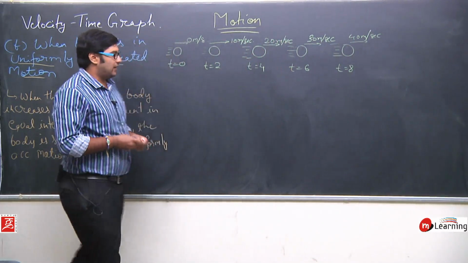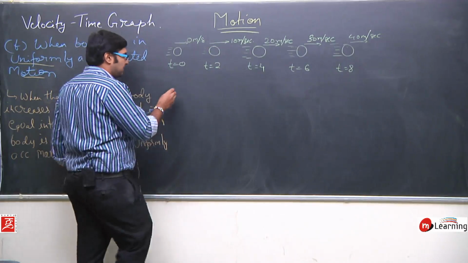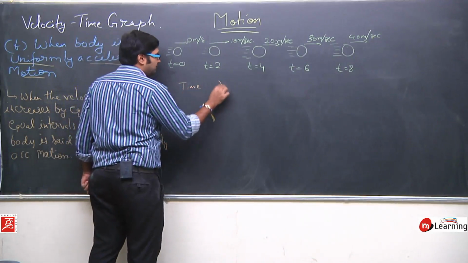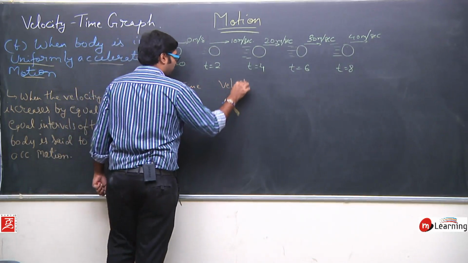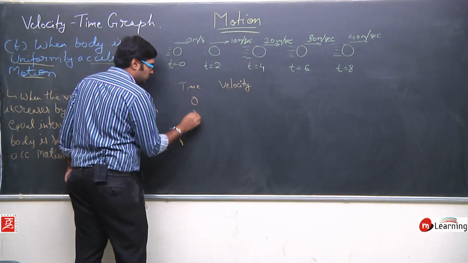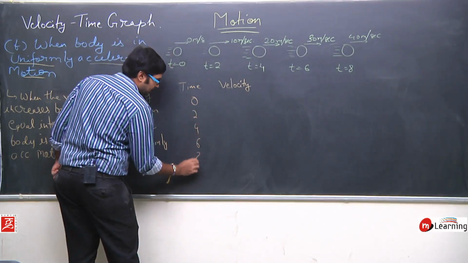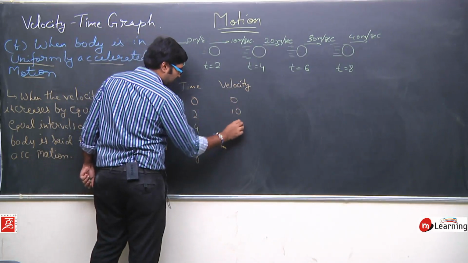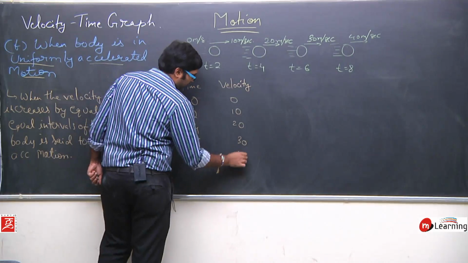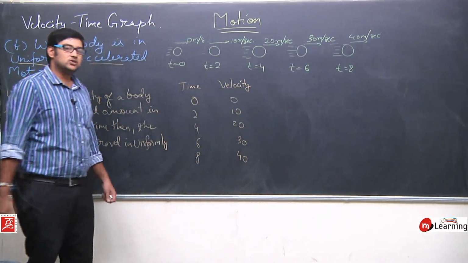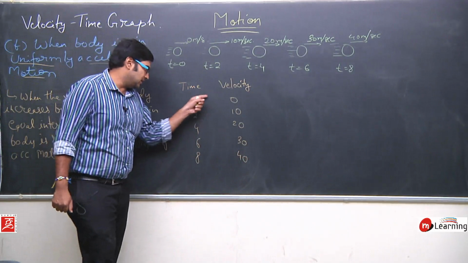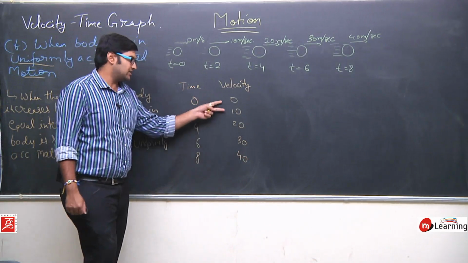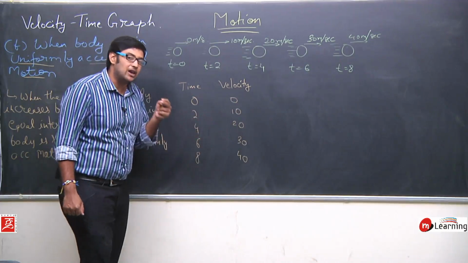So if I draw the table of this complete data, here I will write the time and here I will write the velocity. So time 0, 2, 4, 6, 8 and so on, and velocity 0, 10, 20, 30, 40 and so on. You can see with increasing time the velocity is also increasing, and by equal amounts.